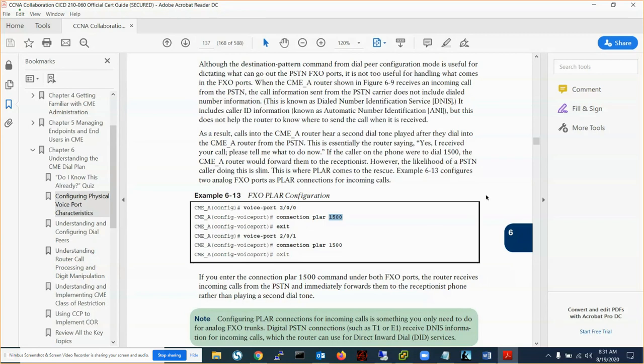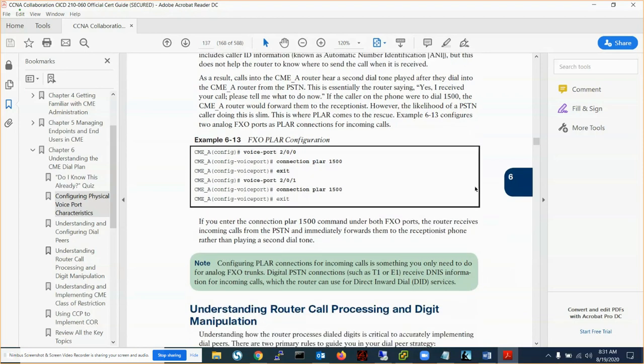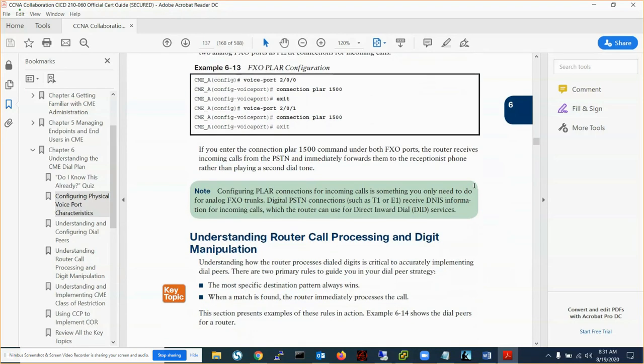Like I said, that's another scenario. If you enter the PLAR 1500 command under the FXO, the router receives the incoming calls from the PSTN and immediately forwards them to the receptionist phone rather than giving a second dial tone.